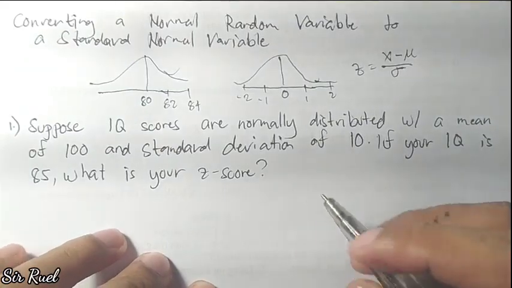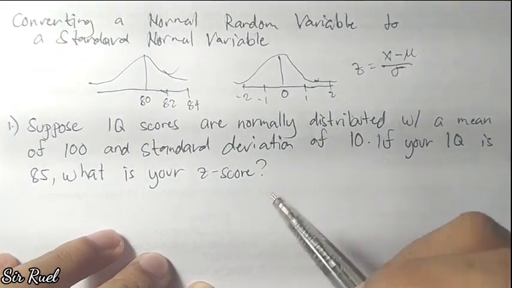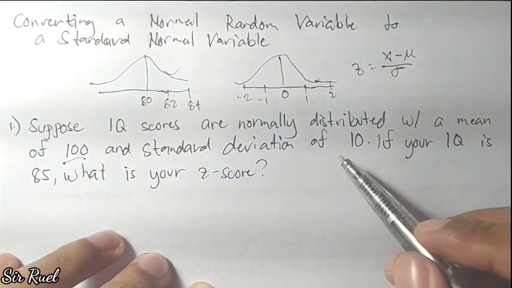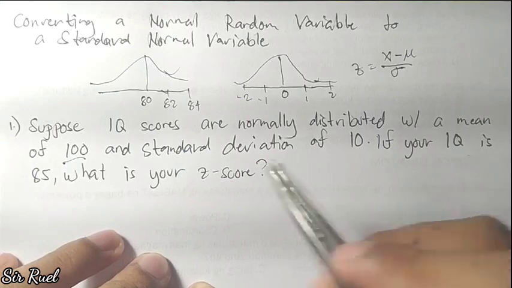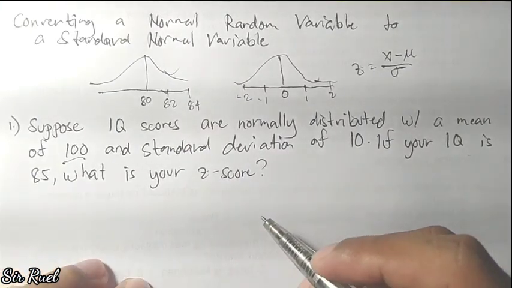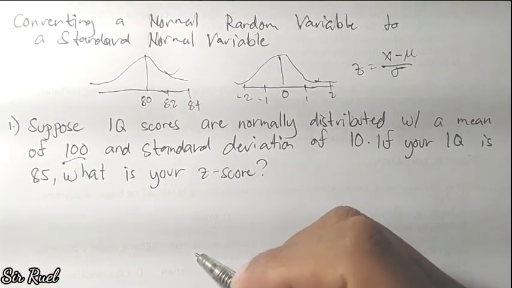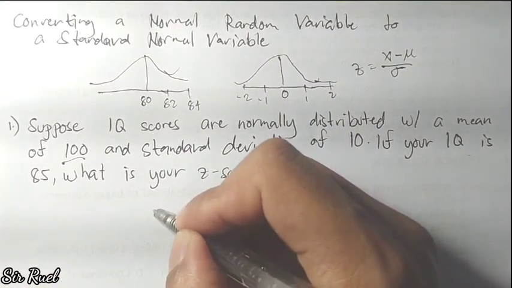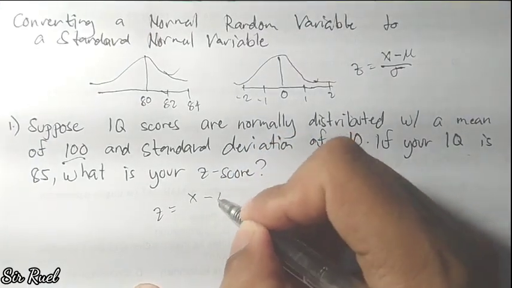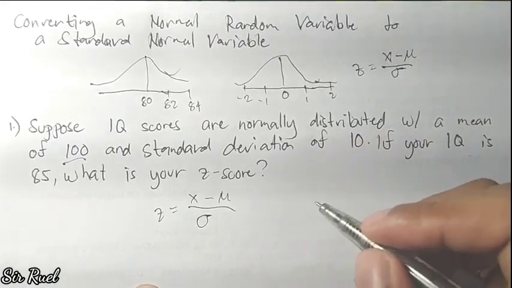Okay, so for example, suppose IQ scores are normally distributed with a mean of 100 and standard deviation of 10. If your IQ is 85, what is your Z score? Again, the formula is Z is equal to X minus mean divided by standard deviation.